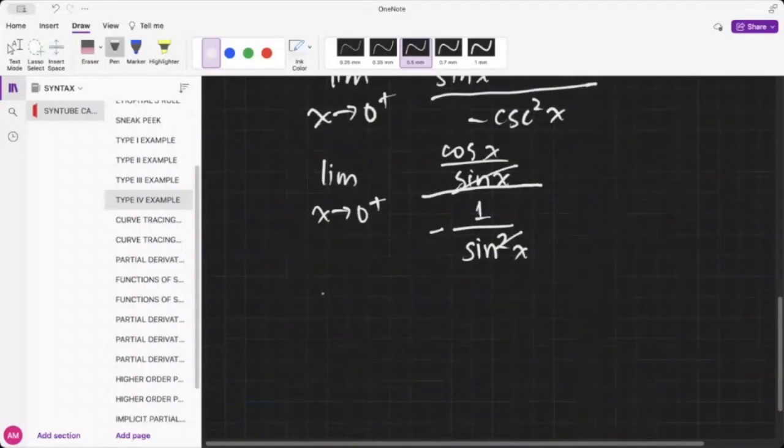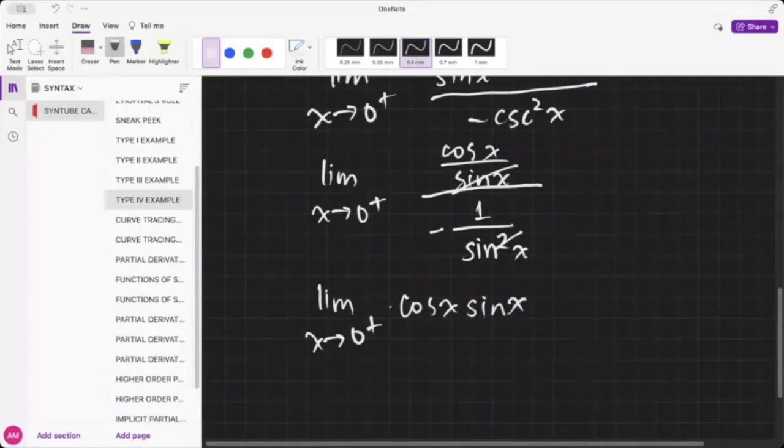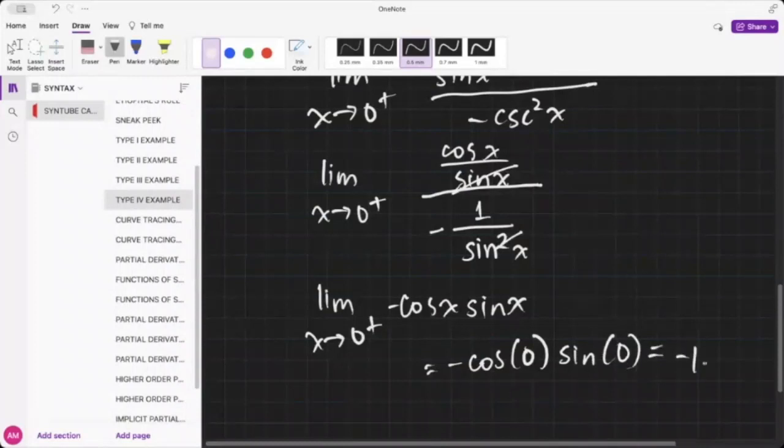So if we simplify this, we just get the limit as x approaches 0 from the right of negative cosine x sine x. If we evaluate the limit, it will be negative cosine 0 times sine 0, which is just negative 1 times 0, which is equal to 0.